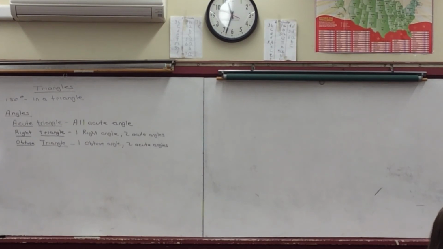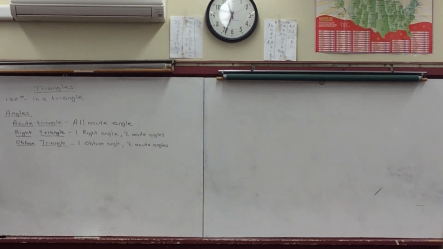Okay, now, is it possible to have a right angle and an obtuse angle in a triangle? Is it possible to have a right angle and an obtuse angle all in the same triangle?